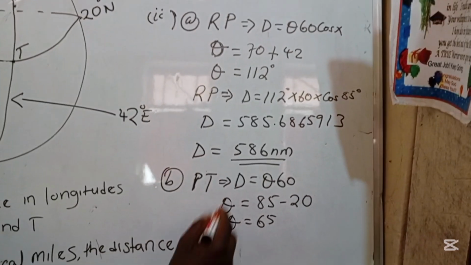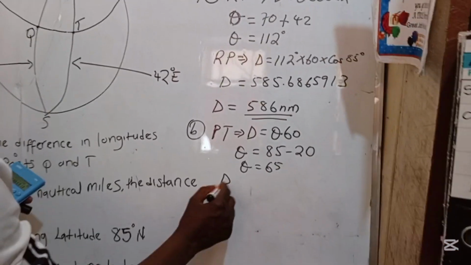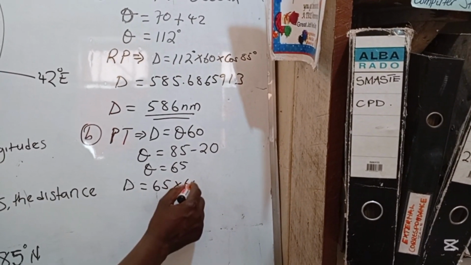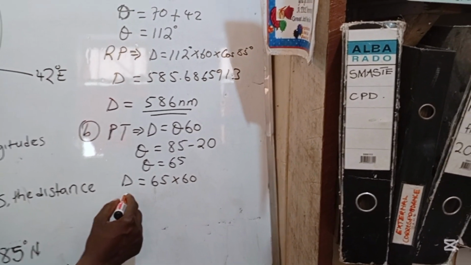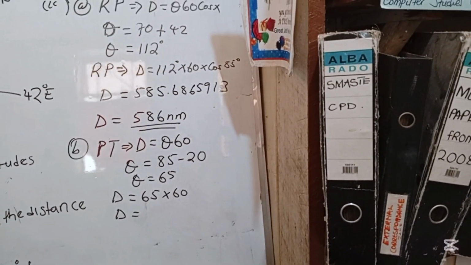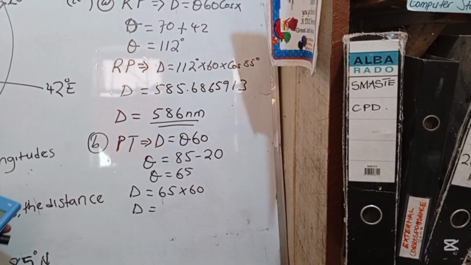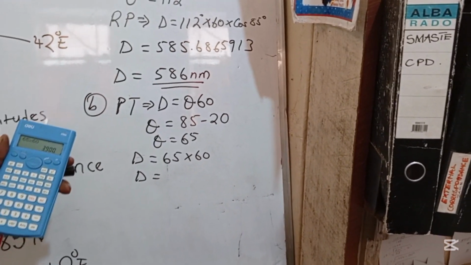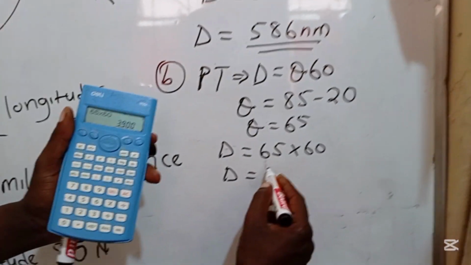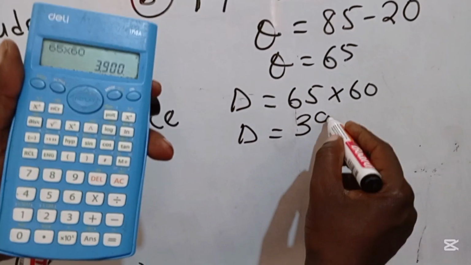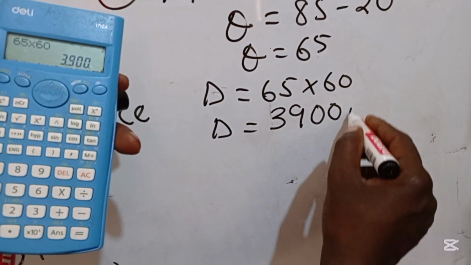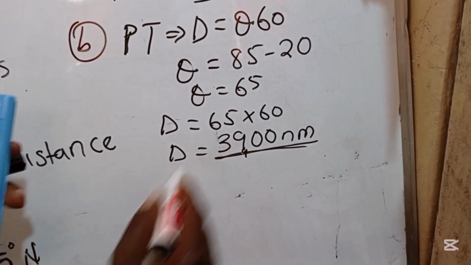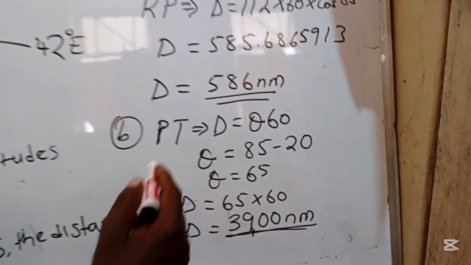So I just slot this 65 in the formula, meaning distance is equal to 65 times 60. With your calculator, no need of panicking, you are going to get 3900 nautical miles.